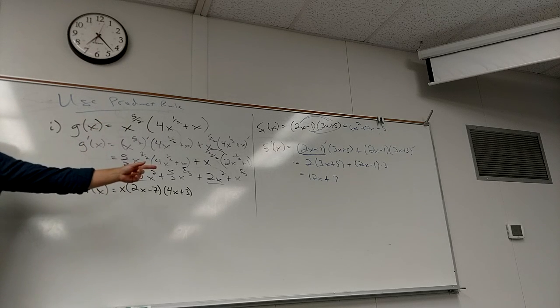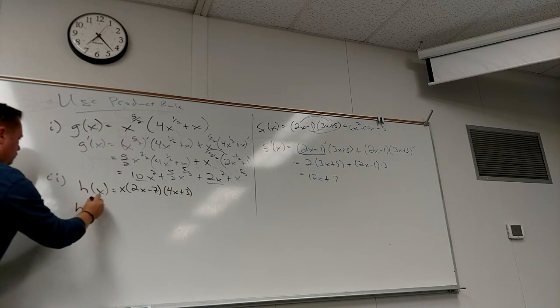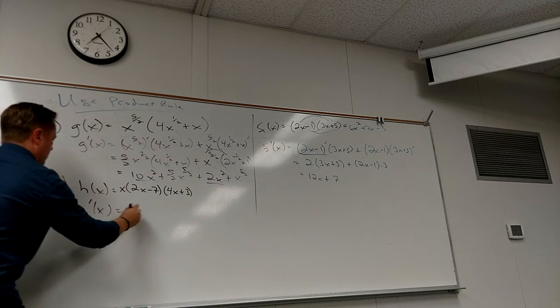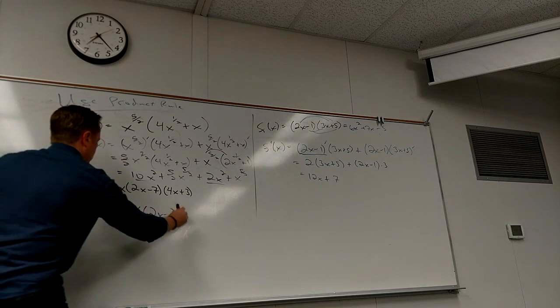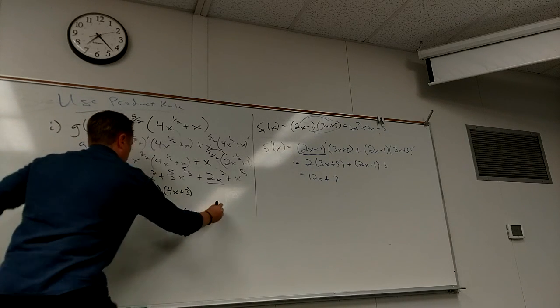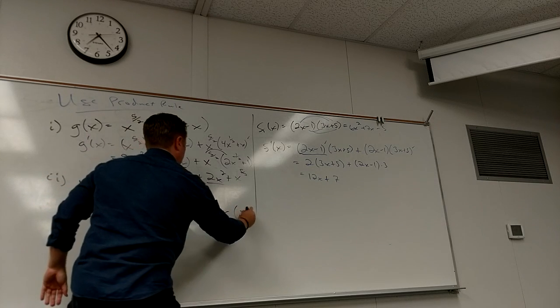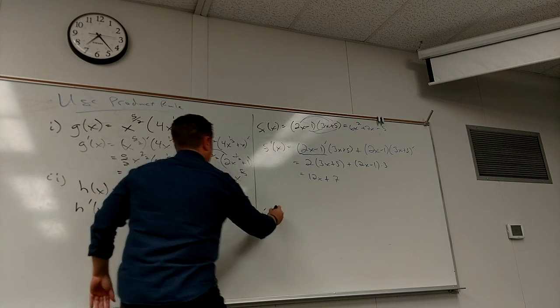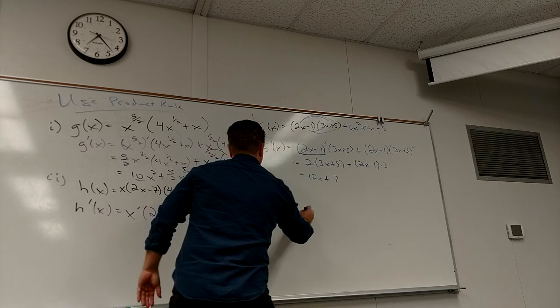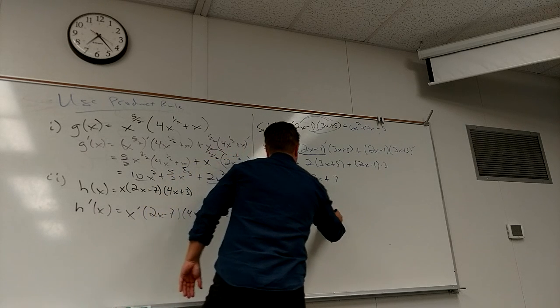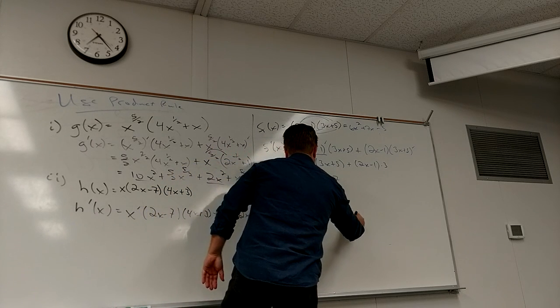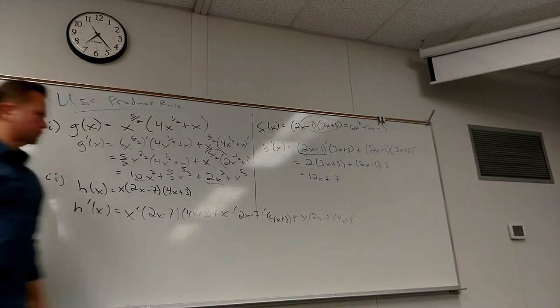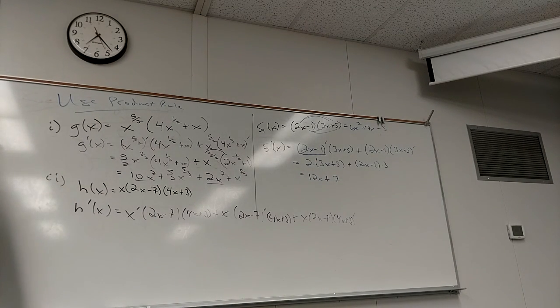Now I've got 3. So the rule is going to be this guy times these, plus the middle guy gets a turn, plus the last dude gets his turn. I like it. So product rule is pretty straightforward.